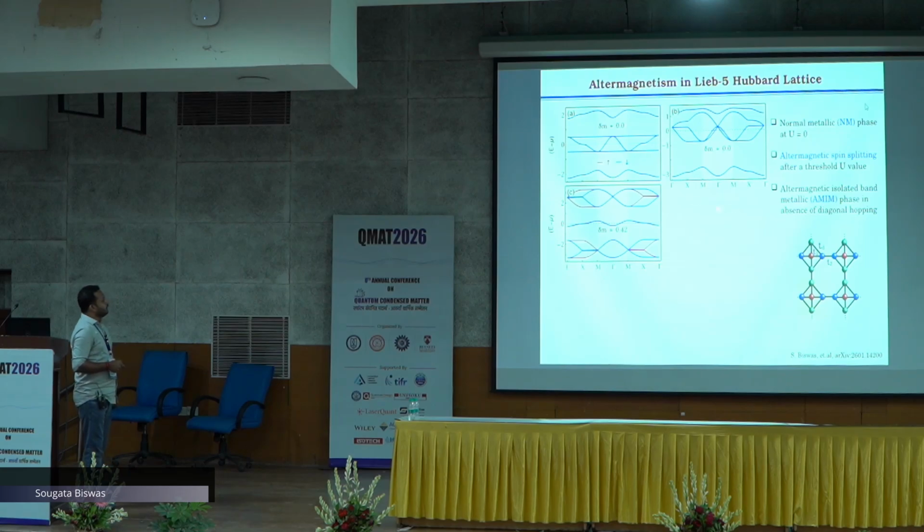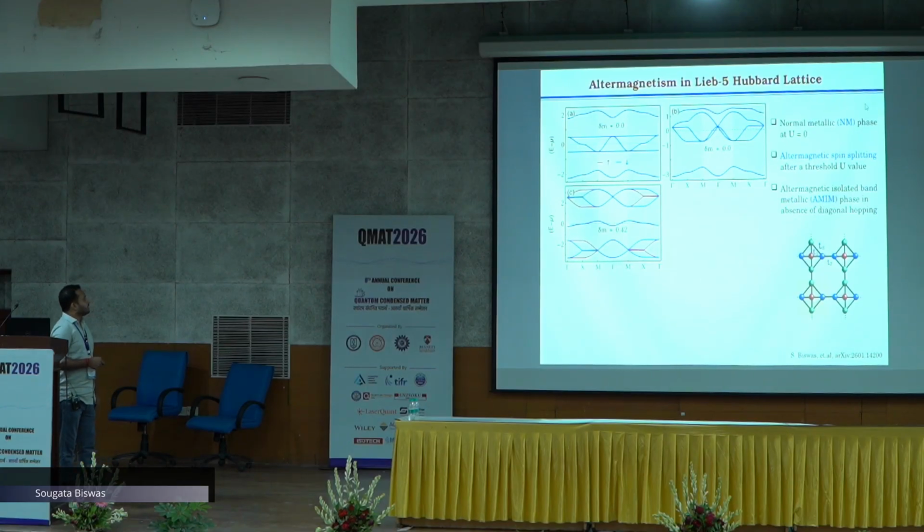If we tune the Hubbard U from 0, it is observed that after a particular value of U, the threshold value, the energy band splits along the momentum path and also follows the alternating nature around the reverse momentum path.